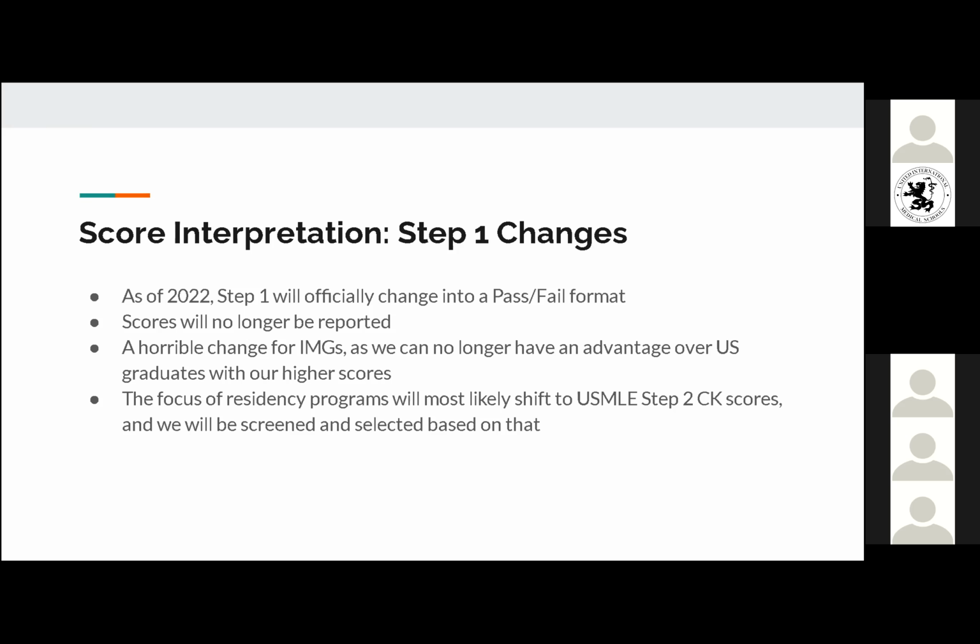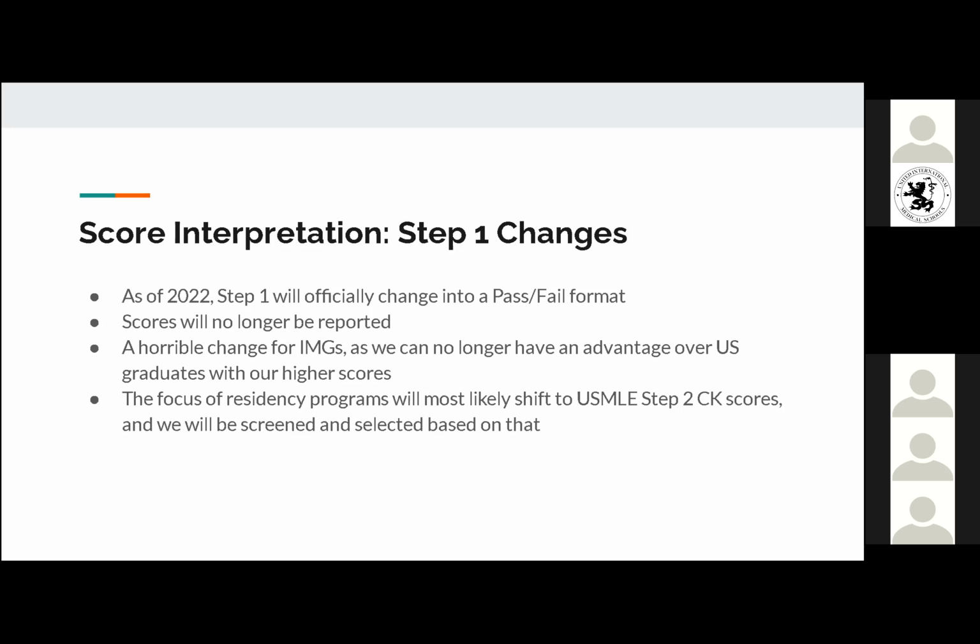This is, of course, in my opinion, a horrible change for IMGs because we basically lost our advantage over US graduates. Normally, if you and a US graduate applied to the same residency position, the only reason the person screening the applicants would ask you for an interview rather than the US graduate is if you had a much higher score.